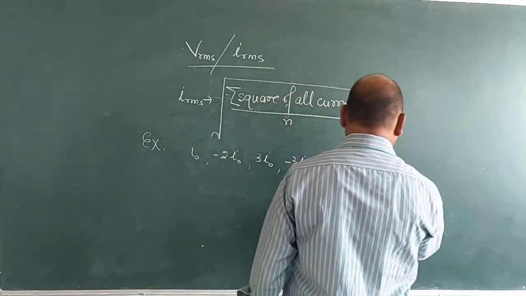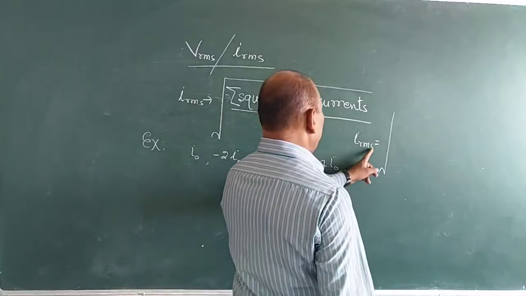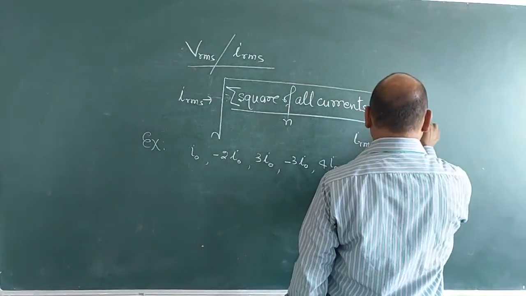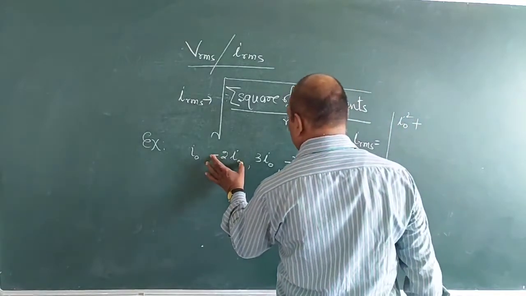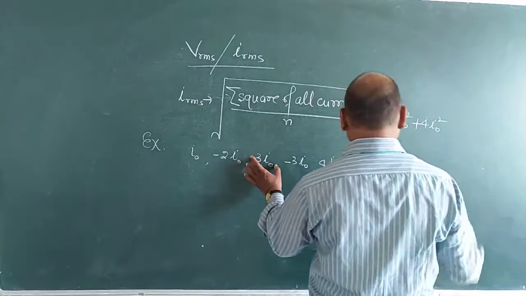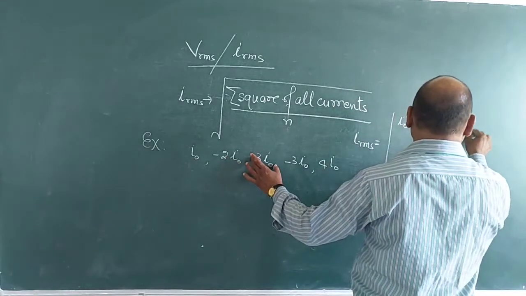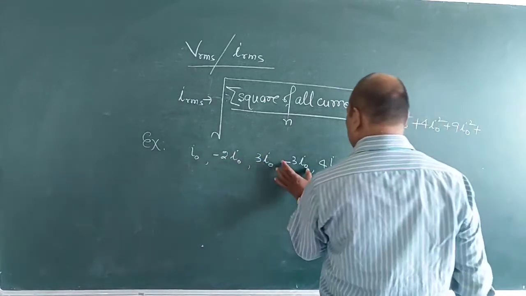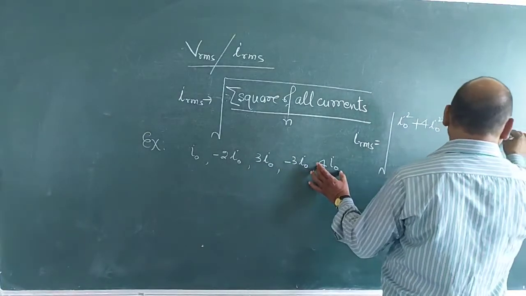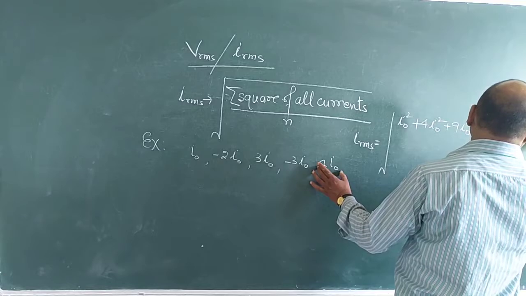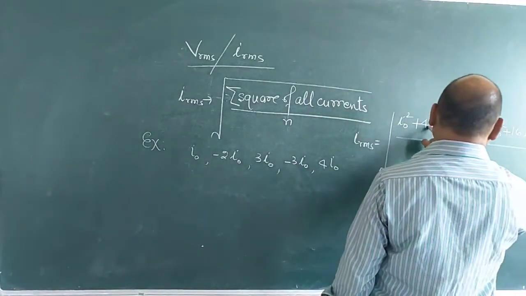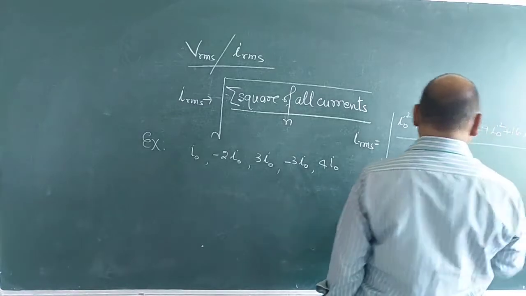So under root, the squares are I0 square, plus 4I0 square, plus 9I0 square, plus 9I0 square, plus 16I0 square, divided by the number of terms, 5. The sum is 16 plus 9 is 25, 25 plus 9 is 34, plus 4 is 38, plus 1 is 39.